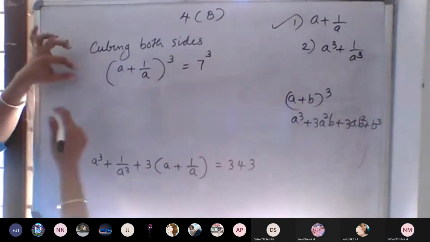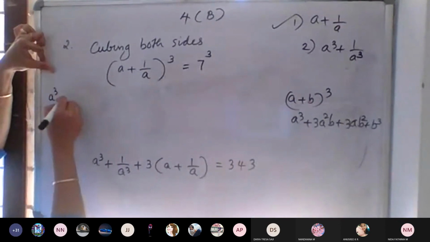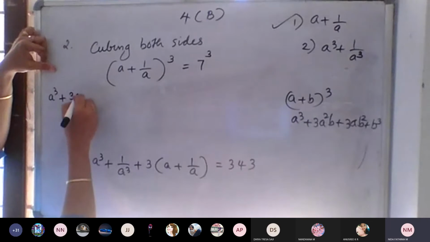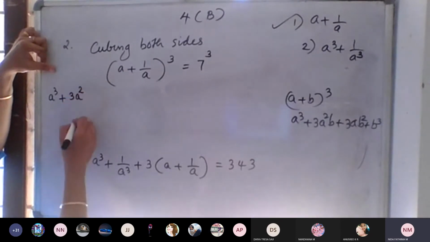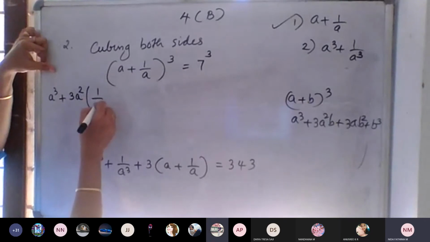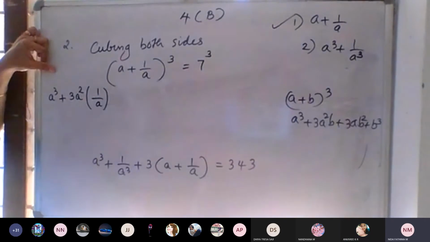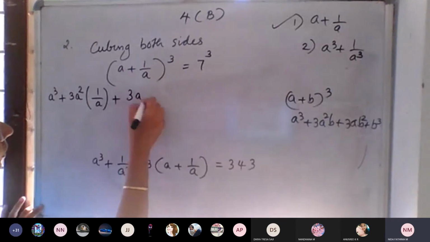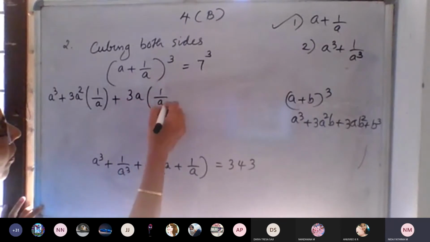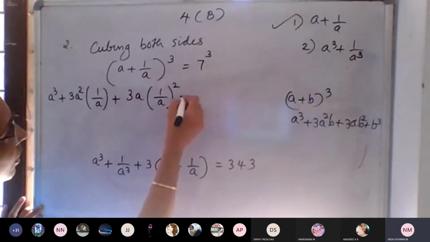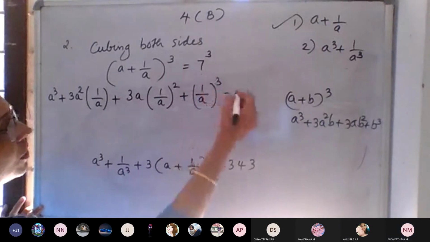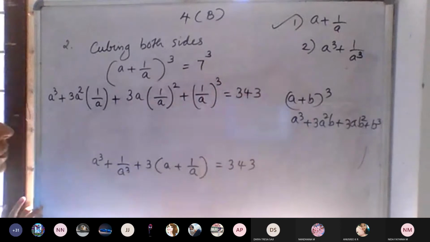(a plus 1 by a) whole cube. Tell me: a cube plus 3 into a square into 1 by a, plus 3 into a into (1 by a) whole square, plus (1 by a) whole cube, is equal to 7 into 7 into 7, which is 343.